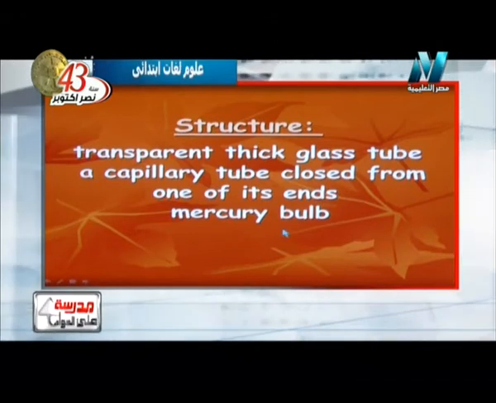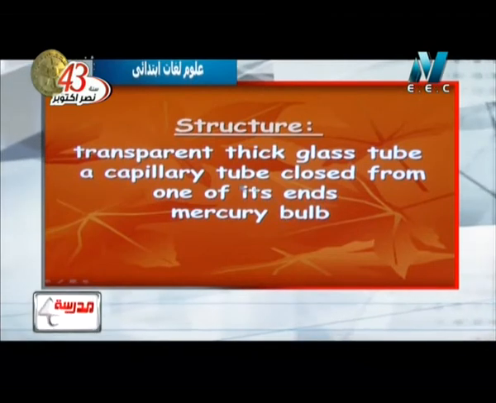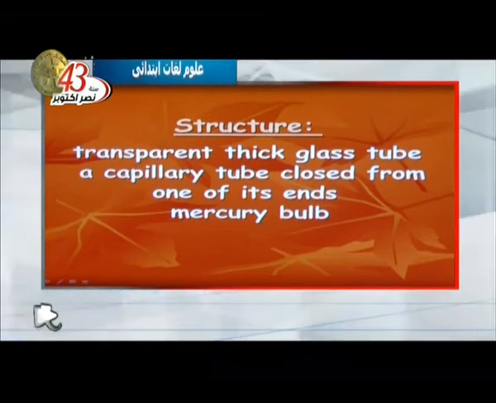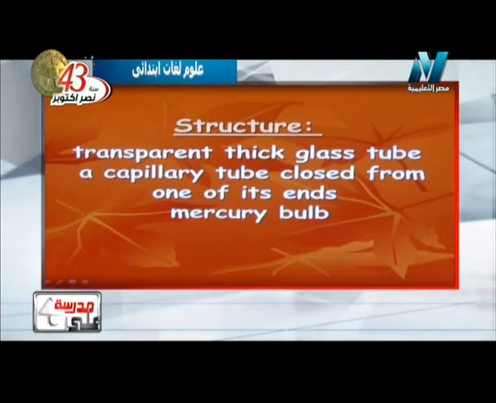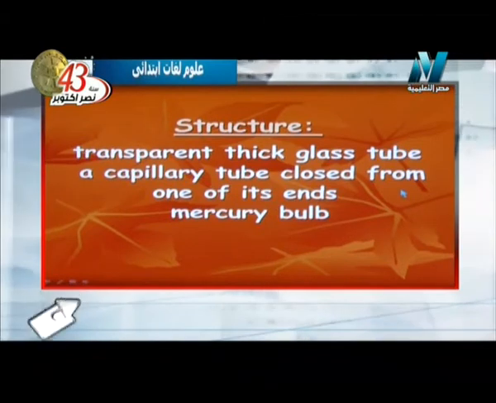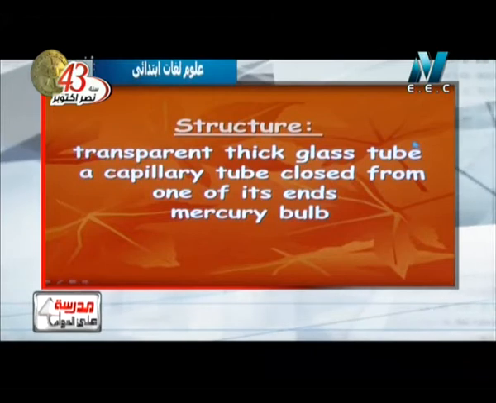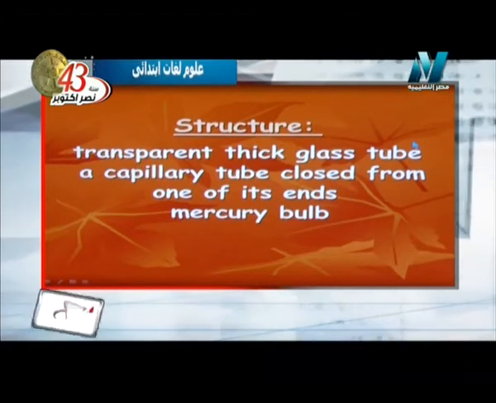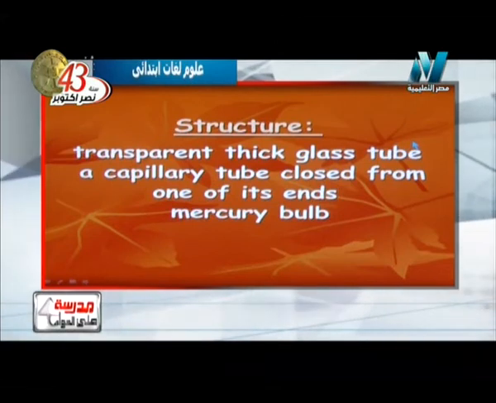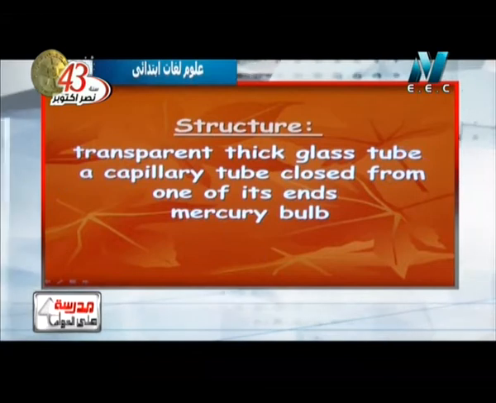So again, in the Celsius thermometer there is no constriction, but in the medical thermometer there is a constriction. Give reason: we know that the medical thermometer contains a constriction to prevent the mercury from going back. So the main difference between the two thermometers is that there is no constriction in the Celsius one.